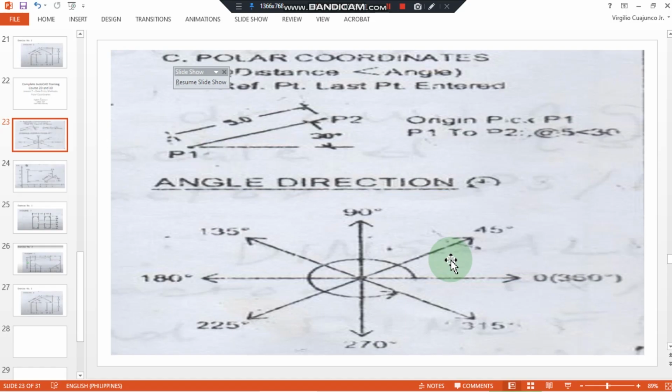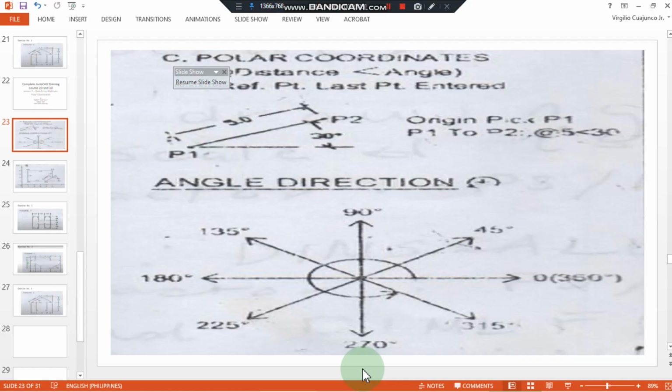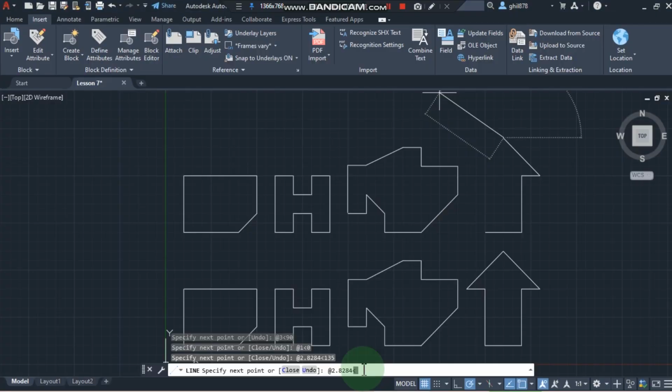Then the next angle is 225. So at 2.8284, angle of 225, enter.